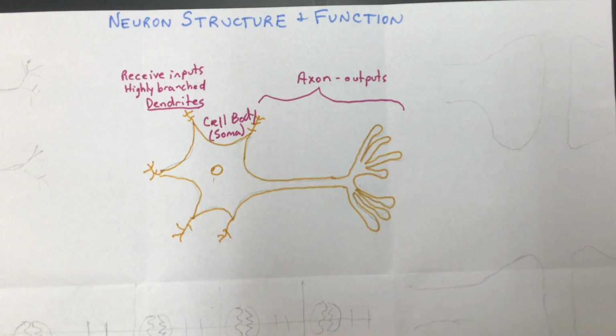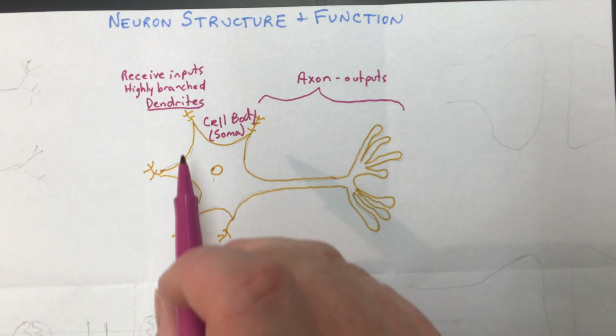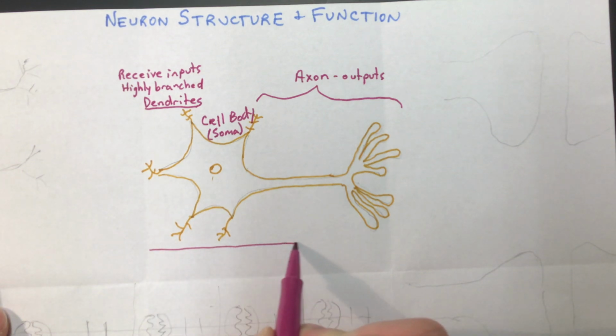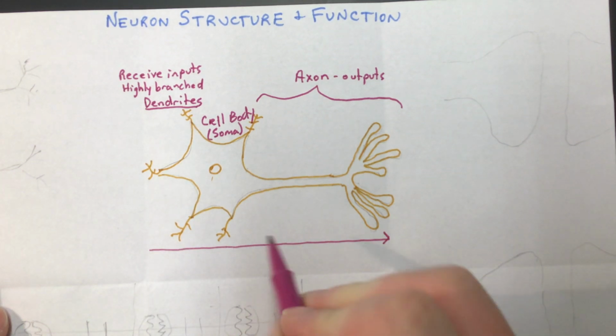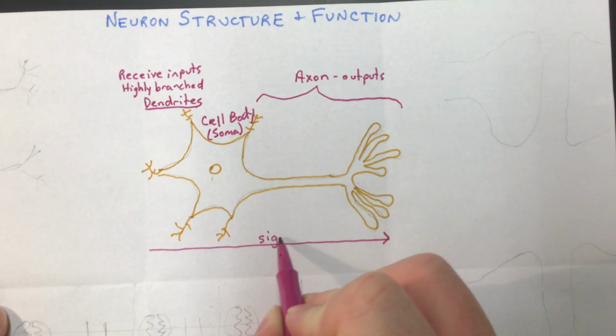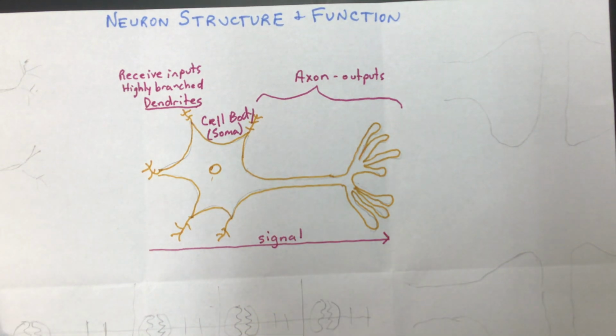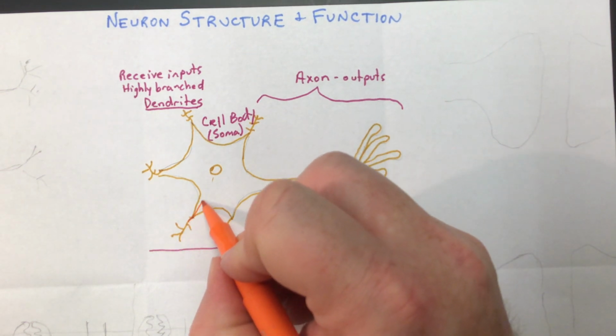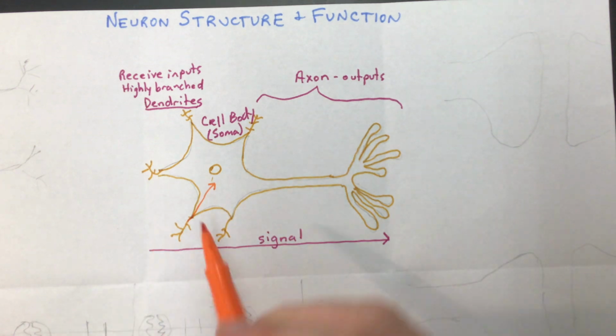And the axons are highly branched as well. And this way, one single neuron can send output messages to a bunch of different cells. So the signal that passes through a neuron goes this way, from the dendrites into the cell body, and then to the axons. So let's draw some signals coming in. So this dendrite could be touching a cell and getting a signal and sending that signal to the neuron.